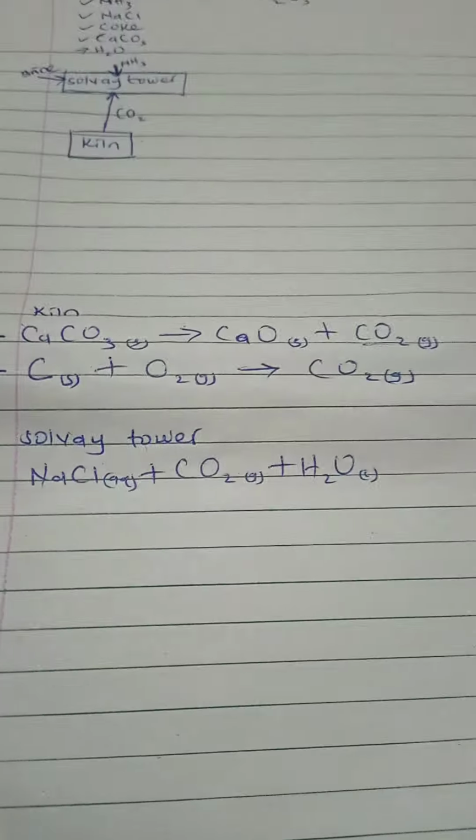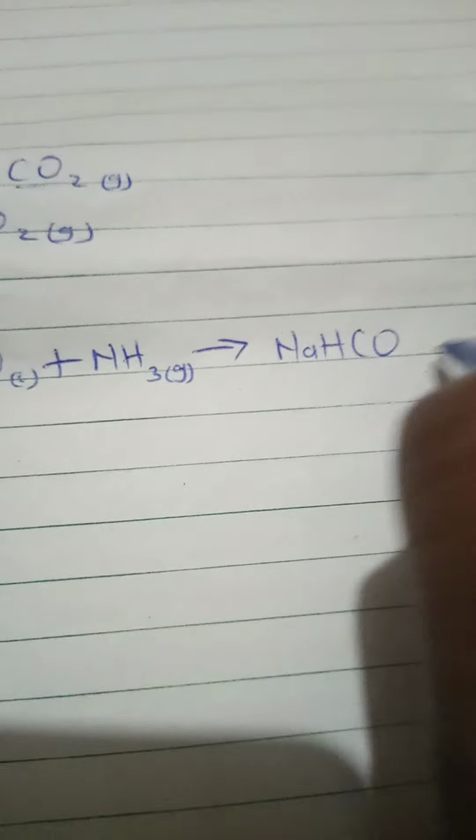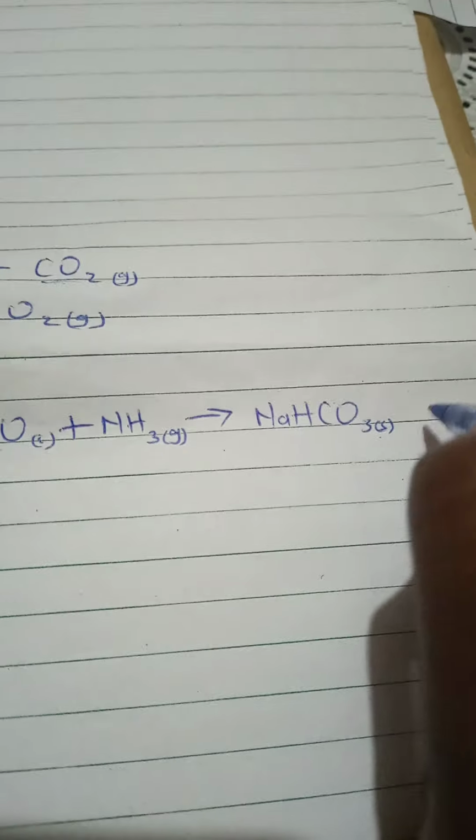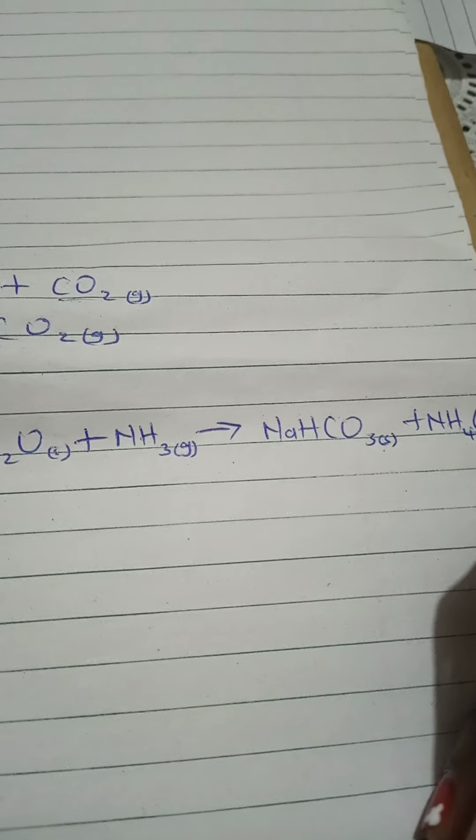We have water. Remember we said the brine is the saturated sodium chloride. And then we have the ammonia. So when these react, we shall have the sodium hydrogen carbonate, and then we have the ammonium chloride solution which will be formed there.